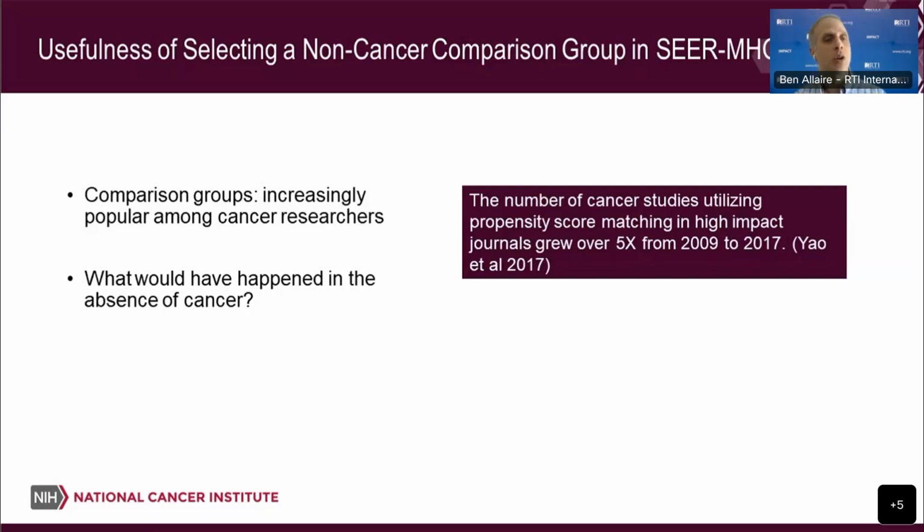So this is an increasingly popular tool in the health services researcher toolkit. And like I said previously, it really helps you examine what would happen in the absence of a cancer diagnosis.